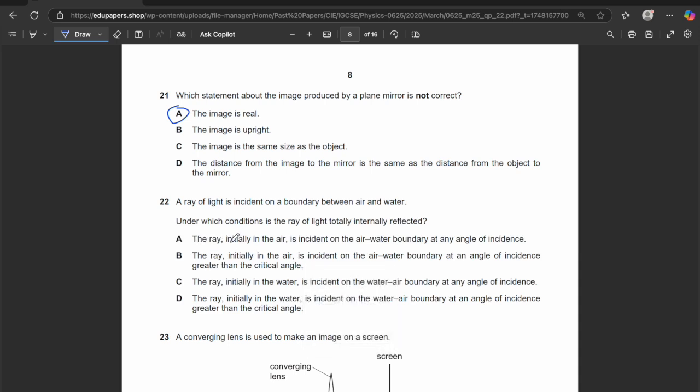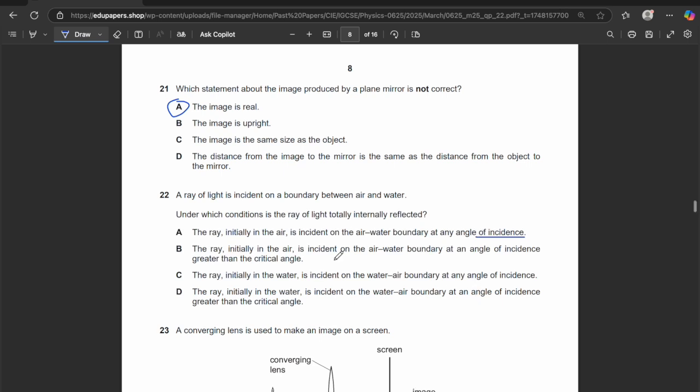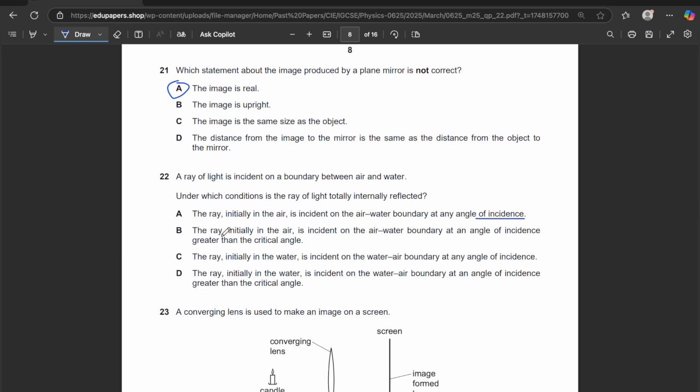So let's read. The ray initially in the air is incident on the air-water boundary at any angle of incidence. Because it says at any angle, this doesn't fit what I just said, so wrong. And the ray initially in the air is incident on the air-water boundary at an angle of incidence greater than the critical angle.